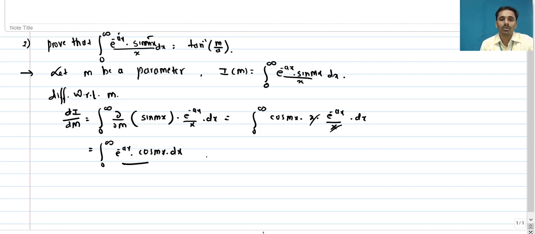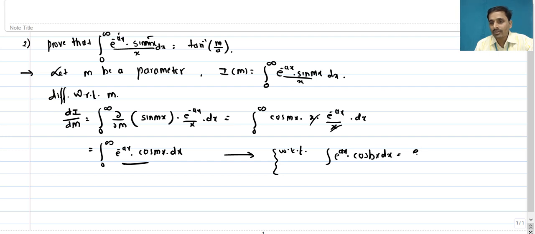We know this can be solved using a ready formula. The integral of e raised to ax cos bx dx is e raised to ax upon a square plus b square, into a cos bx plus b sin bx. And if this is a definite integral, we apply limits to the entire quantity.